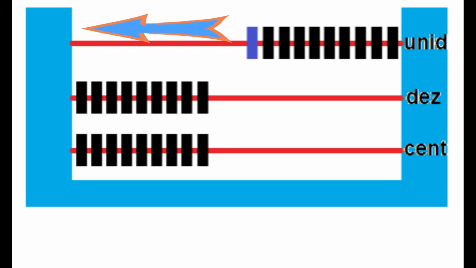Observe as we move 10 beads back to the left. These 10 beads are then represented by a single bead in the tens wire, signifying a value of 10 units. Finally, we move this bead, representing 1 ten, to the right.